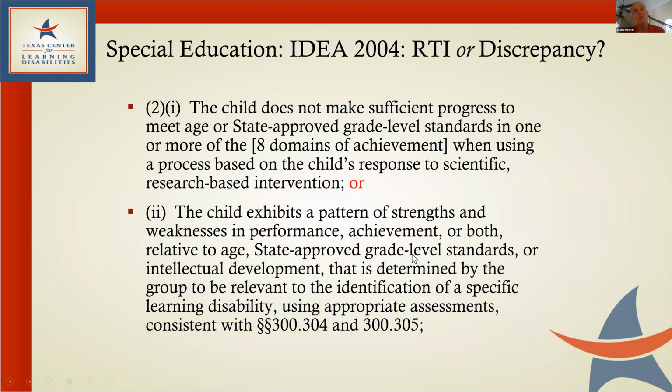State approved grade level standards, because Congress was upset when parents were writing in and saying that their child failed the state accountability assessment 3 times in a row, and the school would not assess the kid for a learning disability. Or IQ, it continues to permit an IQ achievement discrepancy that is determined by the group to be relevant to the identification of a specific learning disability.